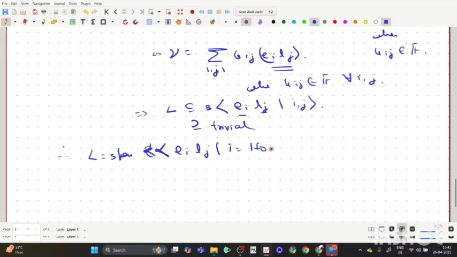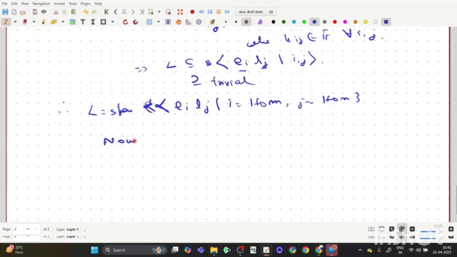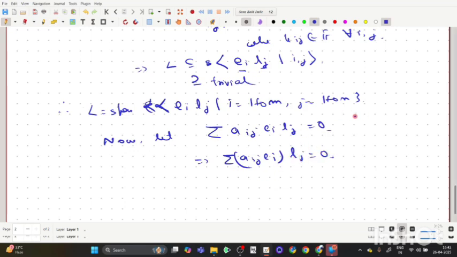i equals 1 to m as far as I remember, j equals 1 to n. Please verify. I forgot what the range of the index I had chosen was. Nevertheless, what we wanted to prove is that there exists some finite spanning set. Now observe the following. Now let summation a_ij e_i l_j be equal to 0, where these a_ij's come from F, right? Now what does this imply?